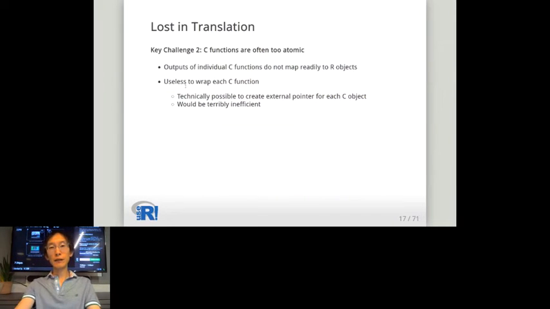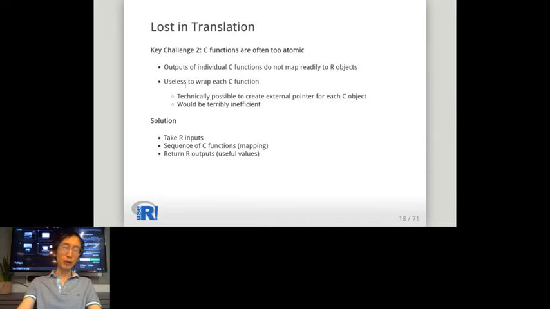Second challenge you might face is that C functions are often too atomic. So the output of C functions may not map readily to R outputs. And what I want to stress here is that it is useless to try and wrap each C function. Technically, it might be possible, but it is just no way going to be anywhere near efficient.